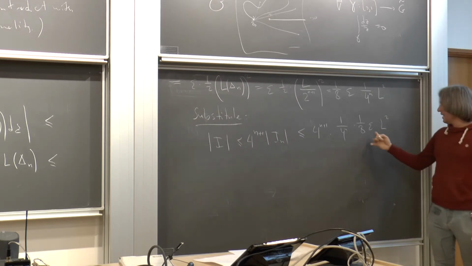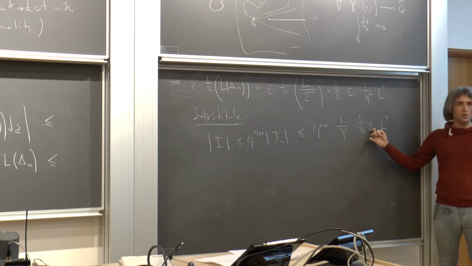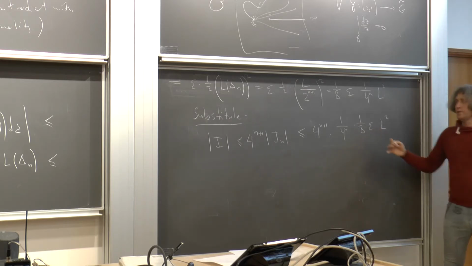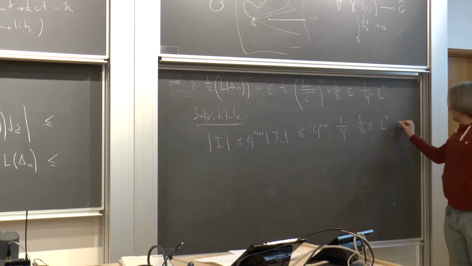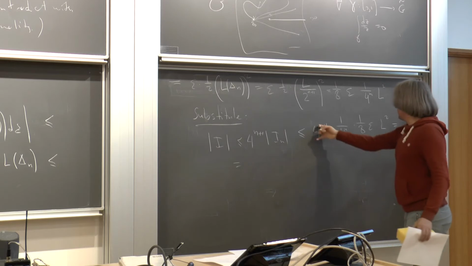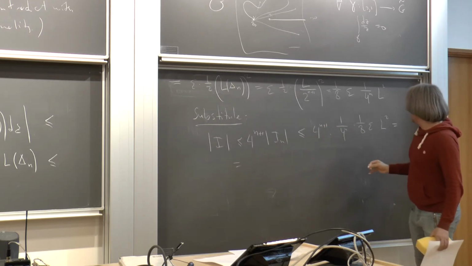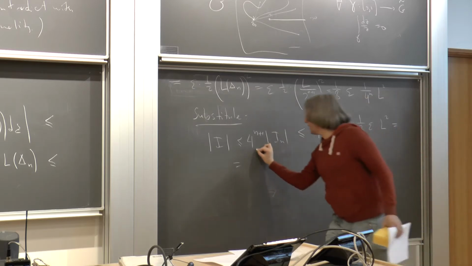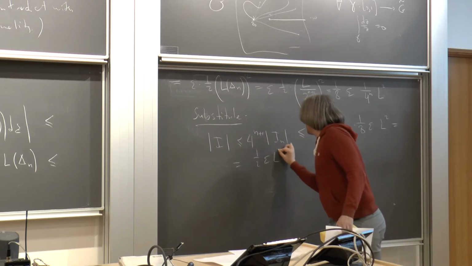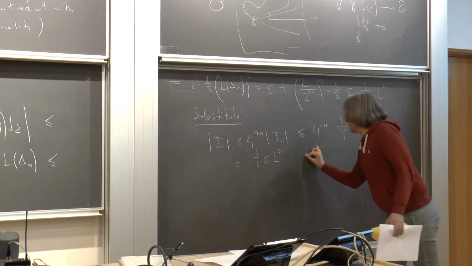The important thing is that epsilon was chosen arbitrarily small. So the 4 to the n cancels out. We get 1/2 epsilon L squared for any epsilon greater than 0.